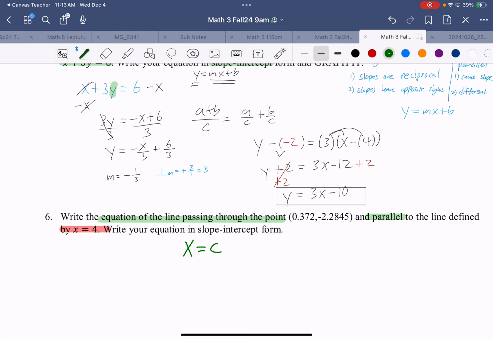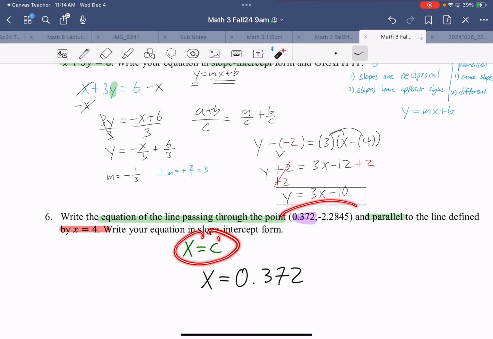So I am just looking for x, meaning I'm just looking at the x coordinate. So my equation is x equals 0.372. So I'm looking for another vertical line that intersects this point. This is literally x, and that's y. I want to know what x is. Well, the ordered pair is telling me what x is.